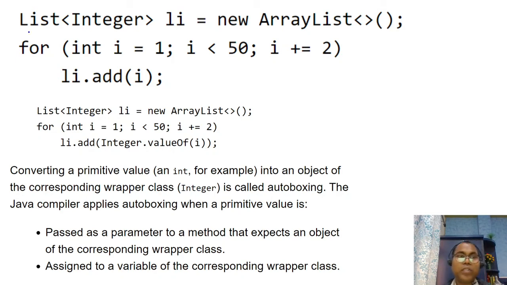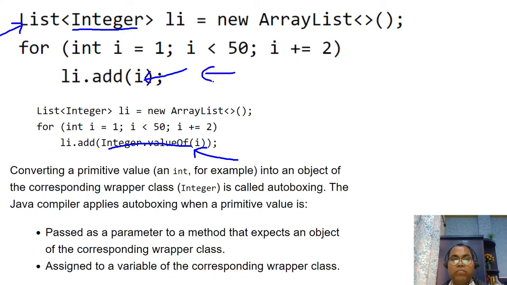Let's say we have a list of Integer. This class contains only Integer objects, but you can also add a direct primitive and the auto conversion happens. You can also manually convert your primitive number to the object first. So here autoboxing happens.